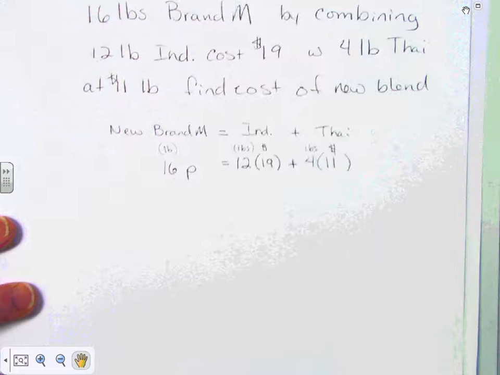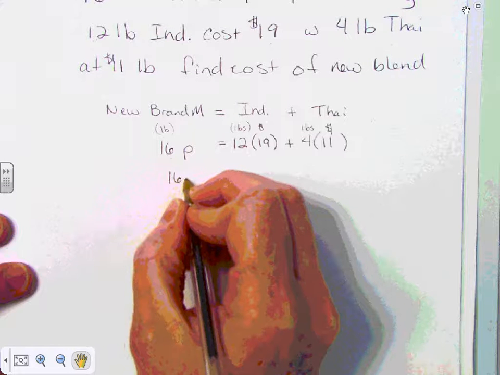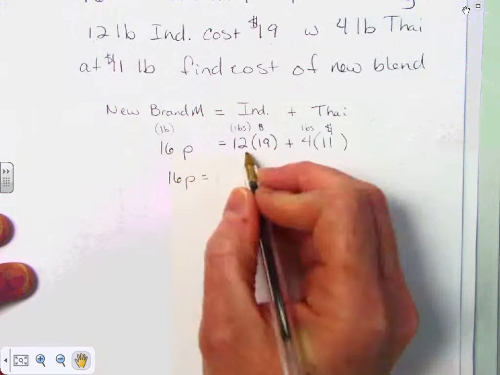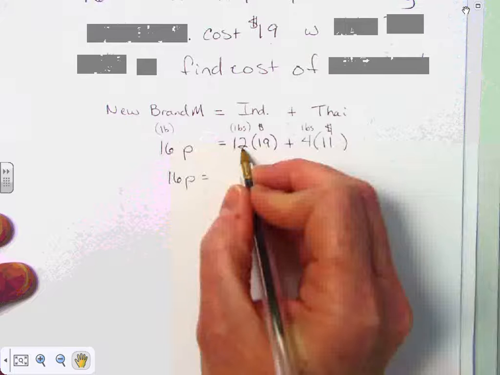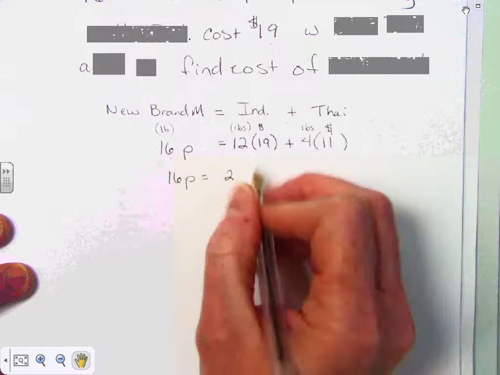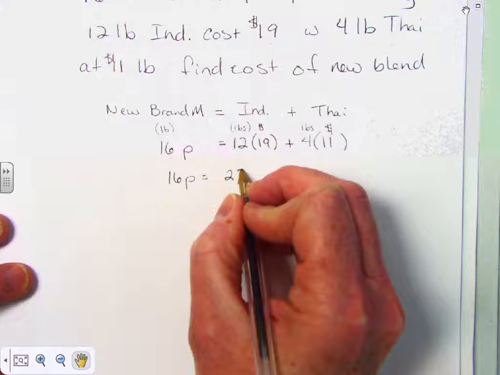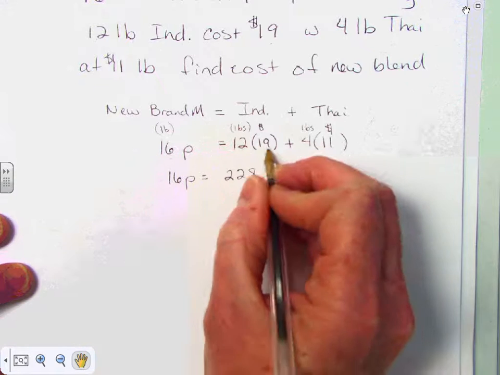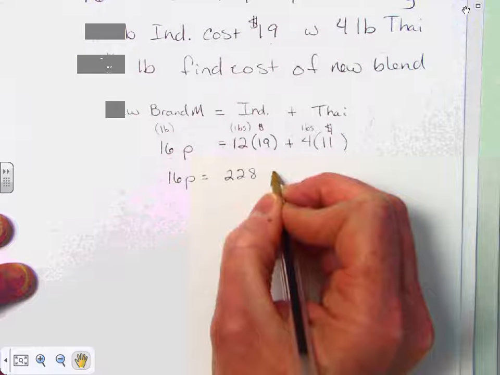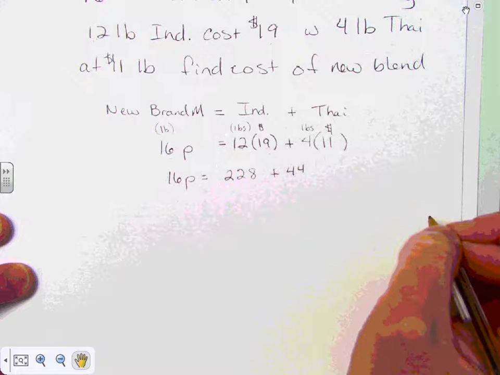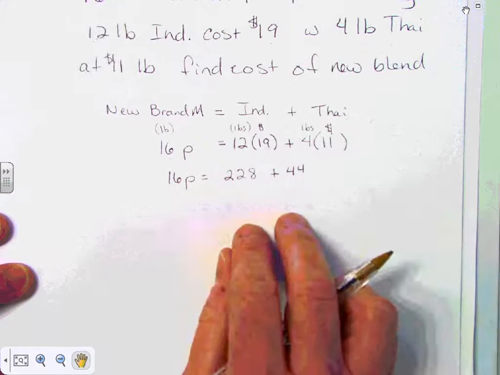So you'd grab a calculator, and it's all multiplying right here. 16P equals 12 times 19, which is 228. Then 4 times 11 is 44. Now what do we have to do?